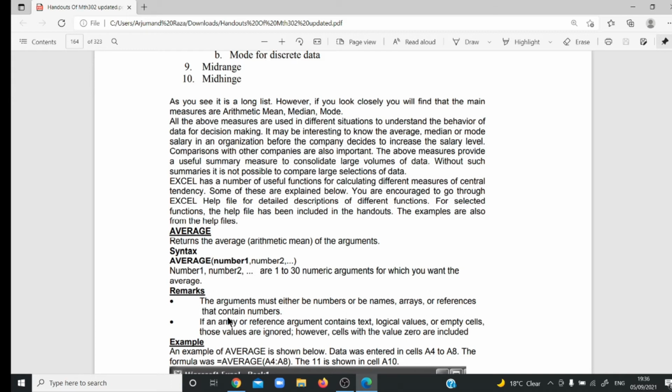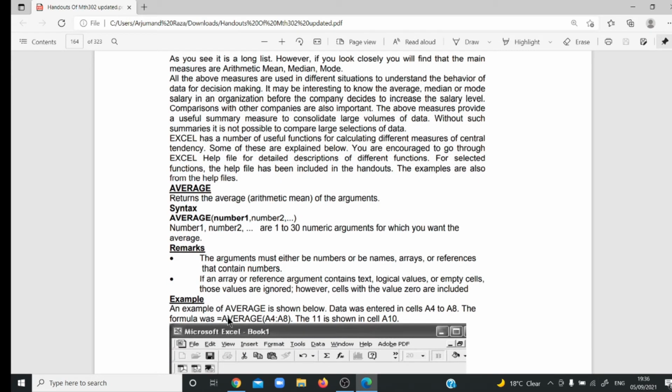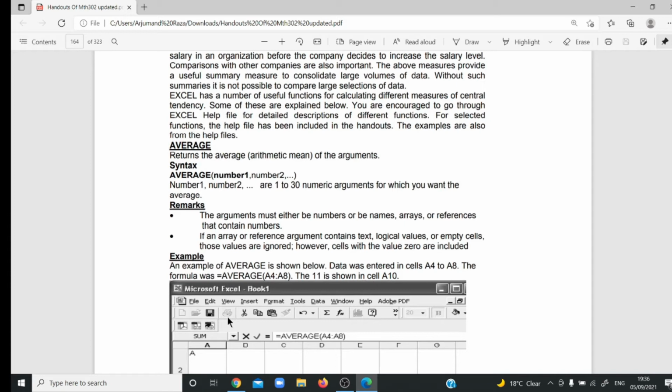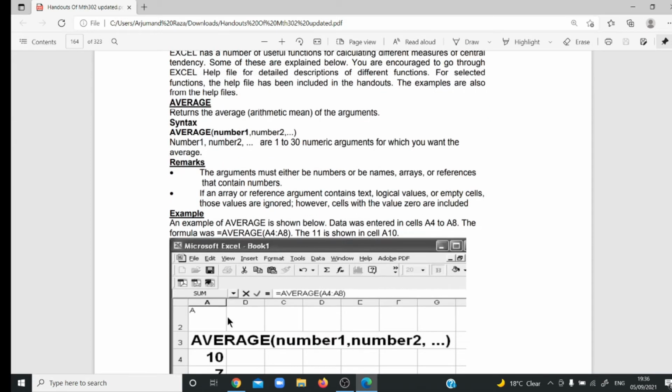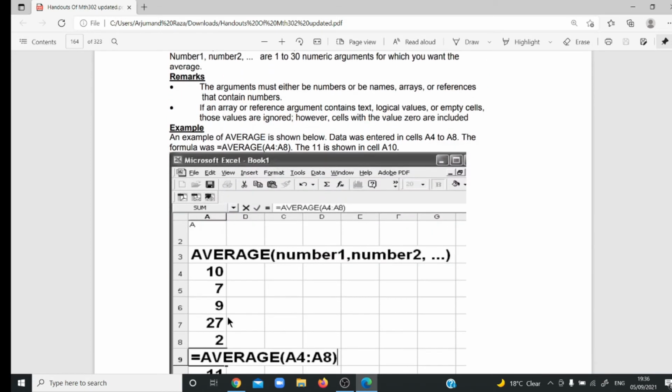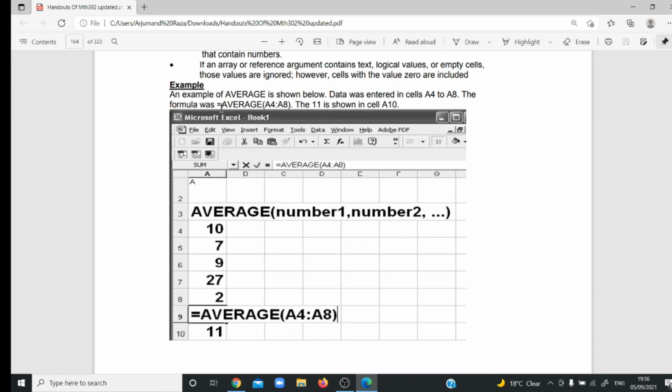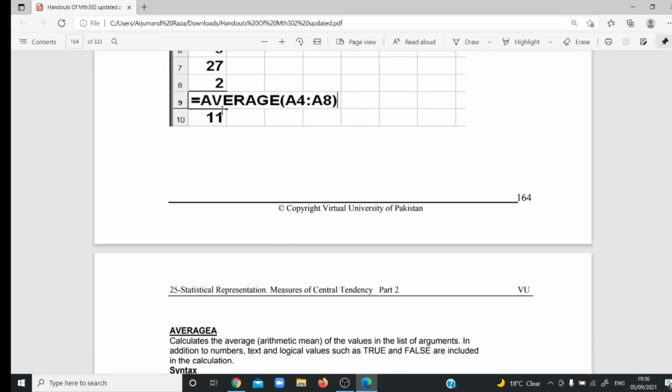Okay, one more thing, you should know how to use these formulas in Excel. In Excel it will be very easy, it's not that difficult, because average is mean. AVERAGEA means arithmetic mean. Once you know, don't forget to write the equal sign before writing any formula, so it will be easier for you.